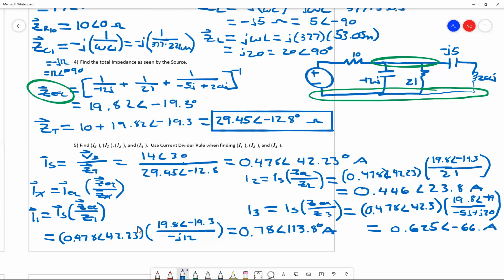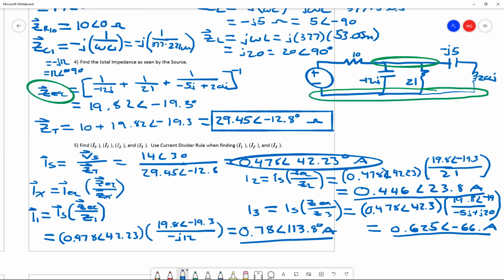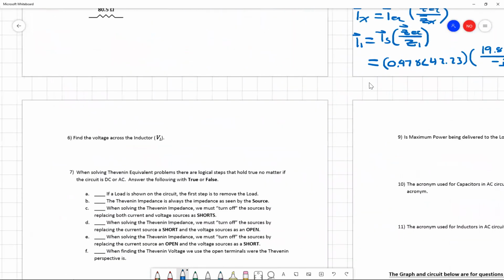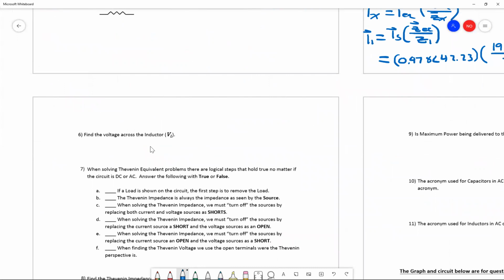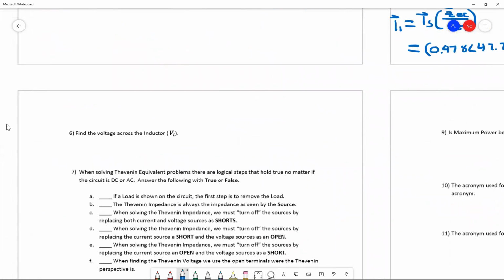Remember, the answers we got were this one right here, here, and here. And if I'm not mistaken, this last one, 0.625 at an angle of negative 66, you'll want to take note of, because it is going to be useful for problem 6, which is to find the voltage across the inductor. That one's pretty easy.